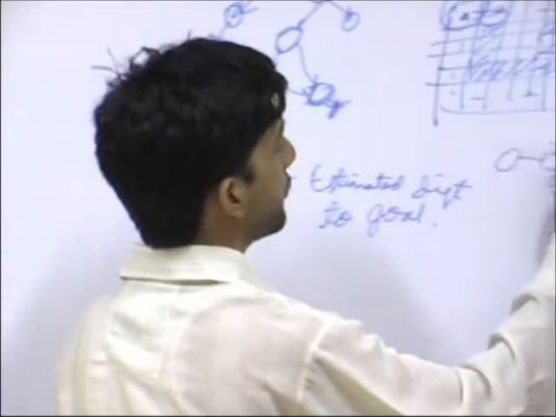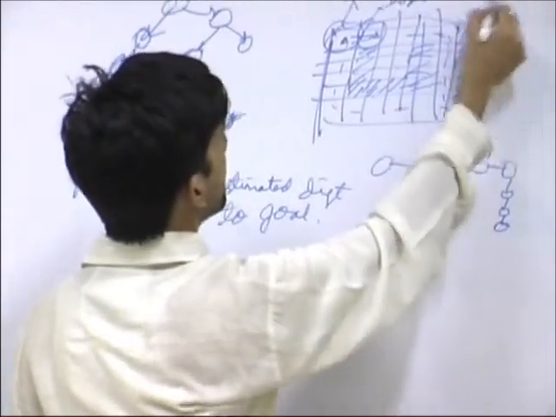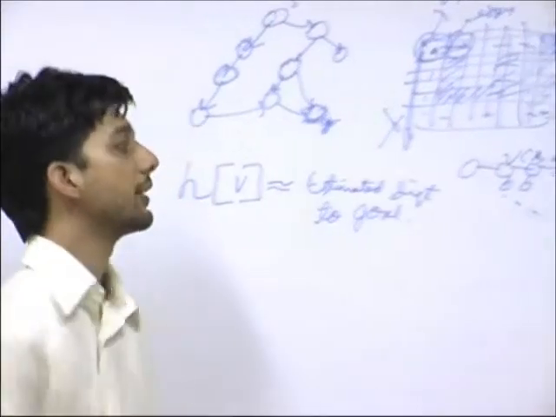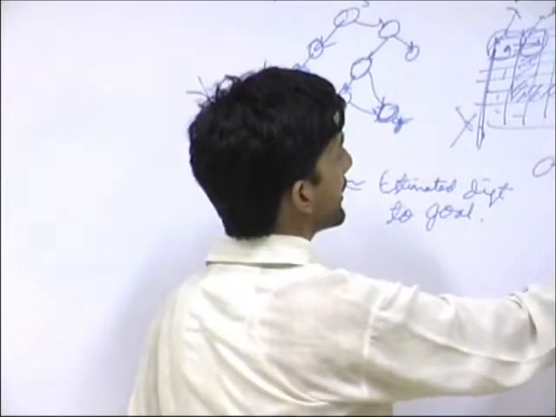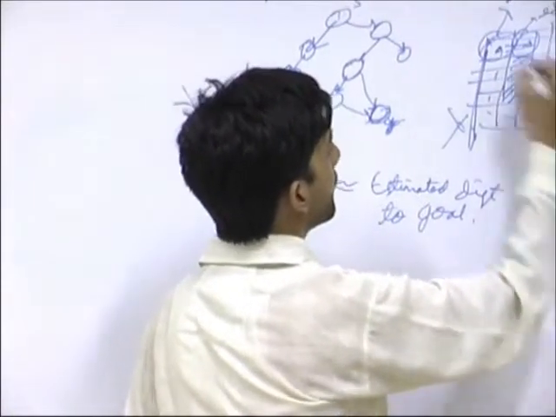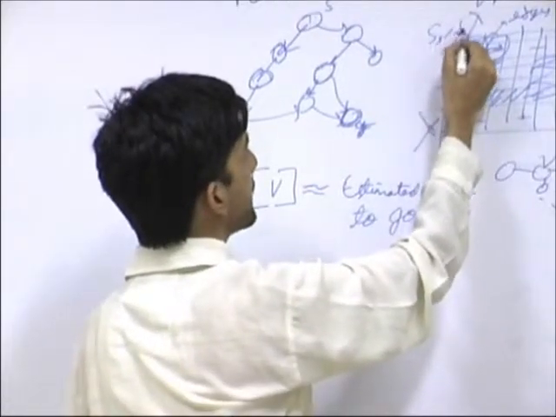Now any vertex V over here has an x coordinate and y coordinate. Let me take this as the axis system. The goal again has a gx and a gy. A source of course has an sx and an sy.